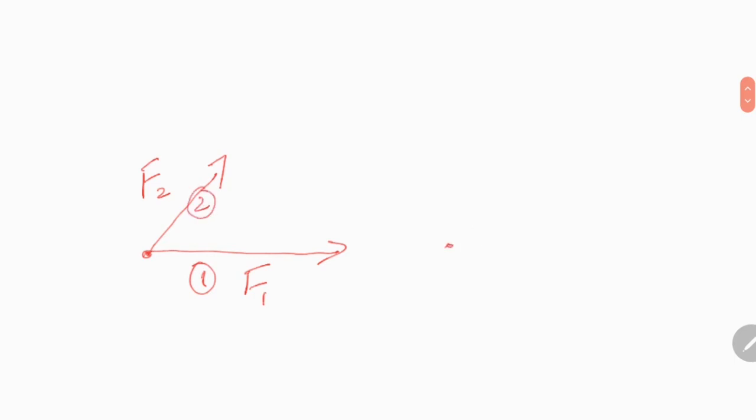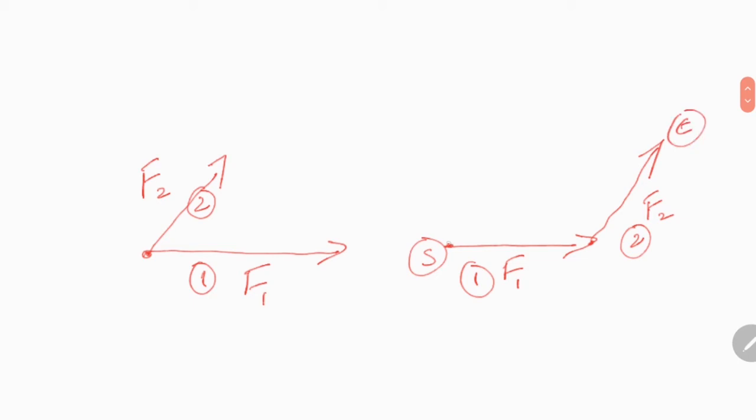So what we'll do is draw segment 1, F1, and the second one is from the ending point of F1, go this way. This becomes your F2, segment 2. So you see your resultant. This was your starting point, and this was your ending point.